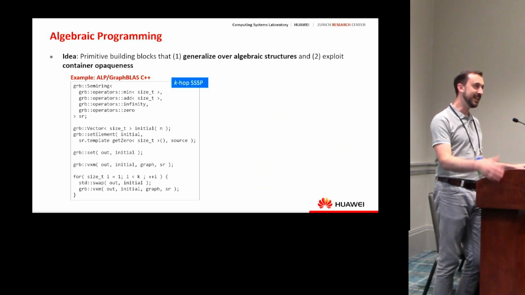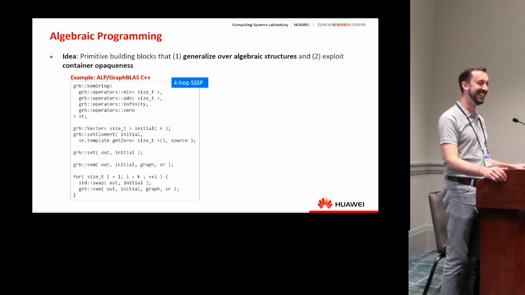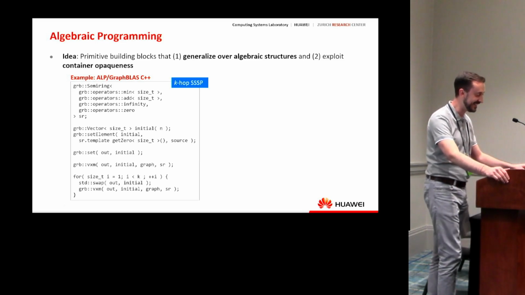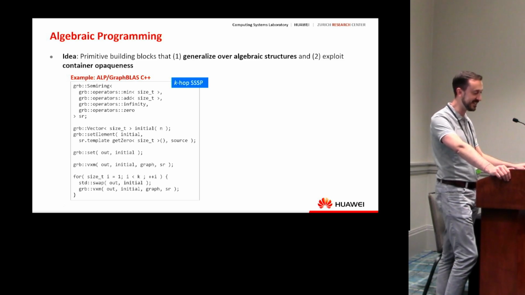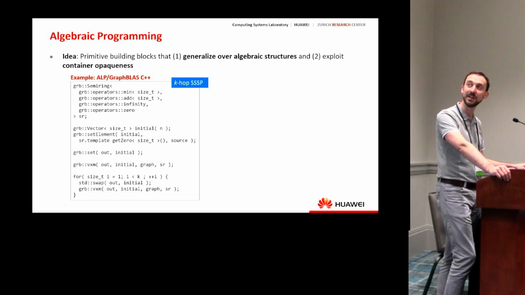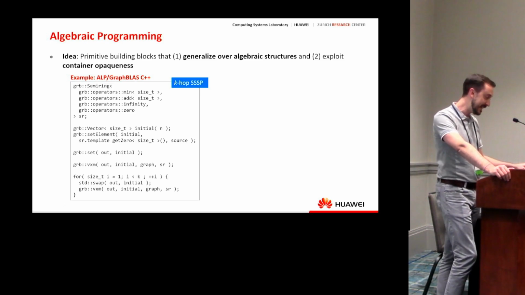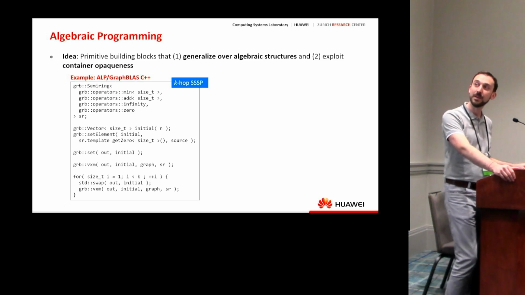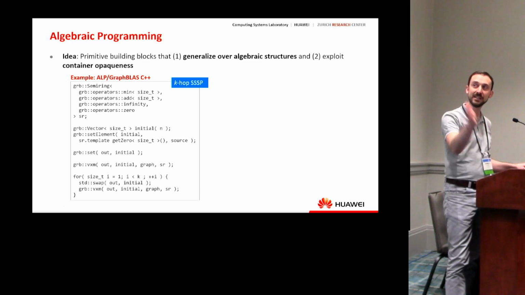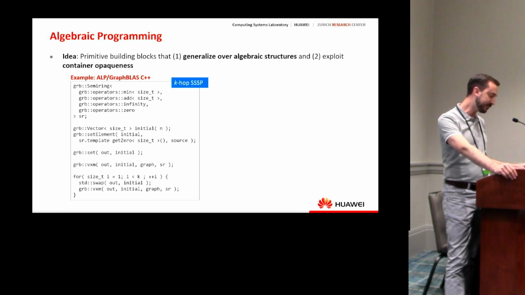And I have to say thanks to Guide for having introduced in part, at least at the high level, an interface that is very helpful to describe the logic of algebraic programming. So here I'm showing an example, an implementation of one of the existing C++ interfaces for GraphBLAS.